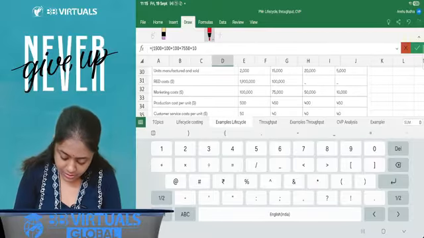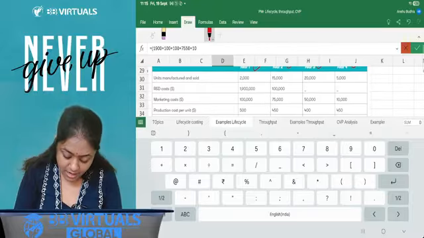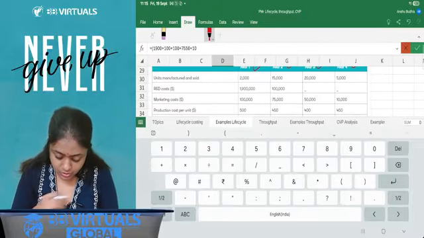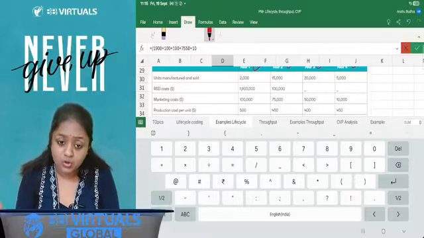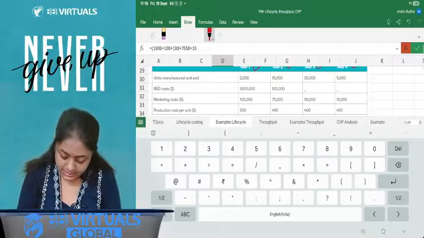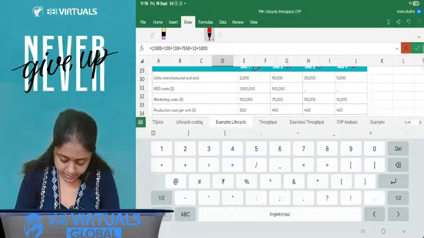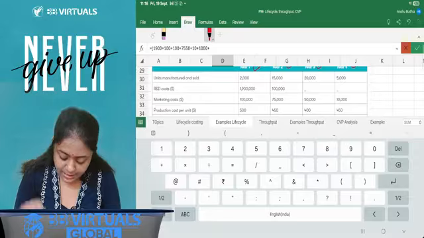Then let's add the production cost. We have to multiply. Don't forget it's per unit. 500 multiplied by 2000, so I'll take 1000 for that. Plus 450 into 15.